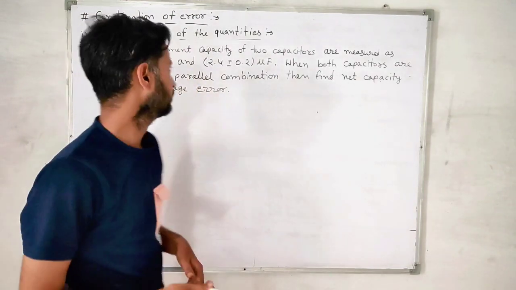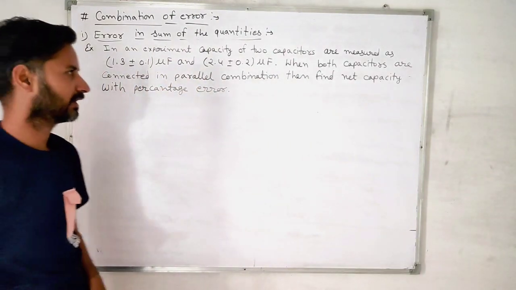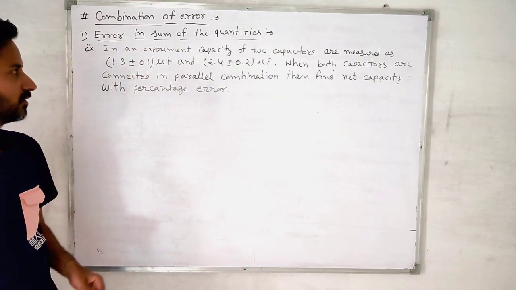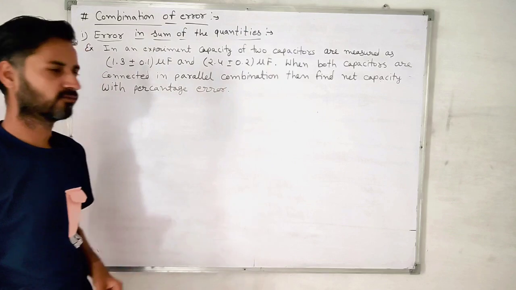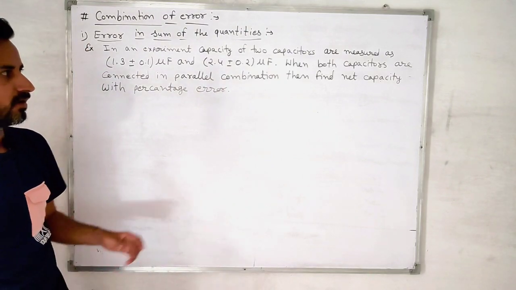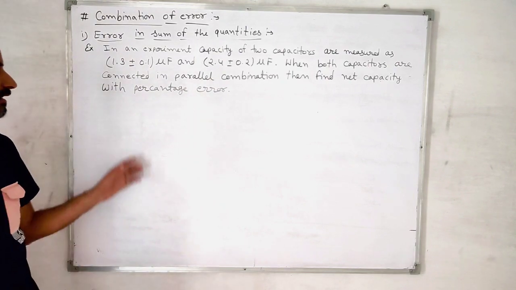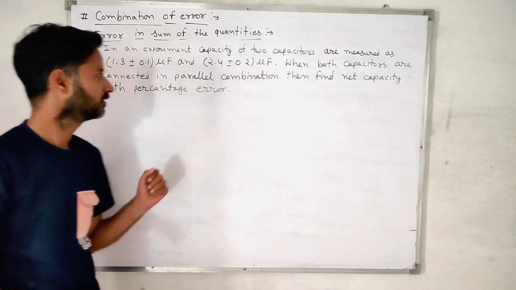Now let's take an example. In an experiment, capacities of two capacitors are measured as 1.3 plus minus 0.1 microfarad and 2.4 plus minus 0.2 microfarad. When both capacitors are connected in parallel combination, find the net capacity with percentage error.